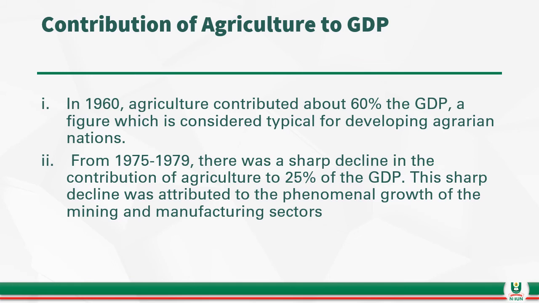Now, from 1975 to 1979, there was a sharp decline to 25%. So you can see that a lot of work has to be done. Because if we are talking of 60% in 1960 and then 25% in 1979, this is quite poor. And this is attributed to the phenomenal growth of the mining and manufacturing sectors. So we see that there's a lot of work we as agriculturists have to do.